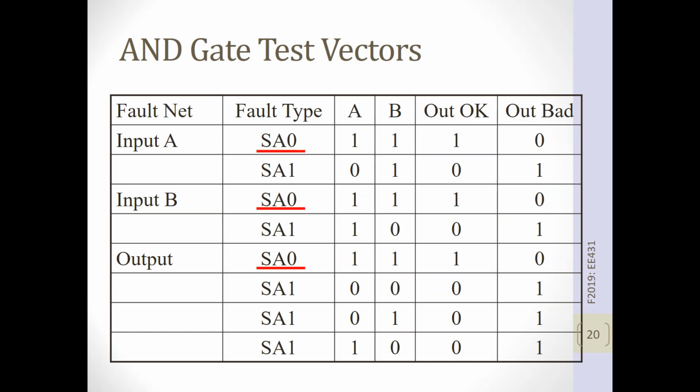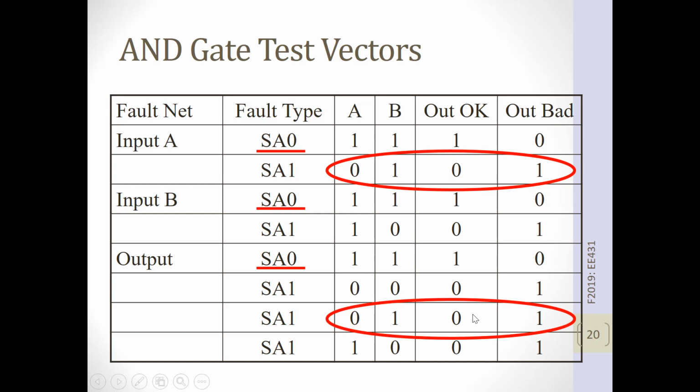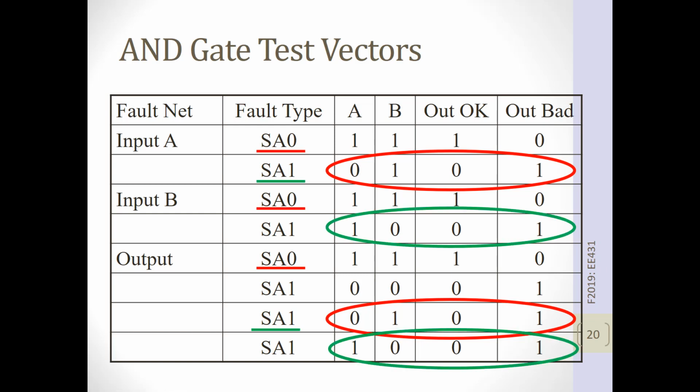Okay, then let's look at this one, and just so happens that this is the same test, so you only have to do one of those. And then this and this, that's the same test. So you only need to do one of those. So you only need to do one of the reds, one of the greens, and one of the blues.